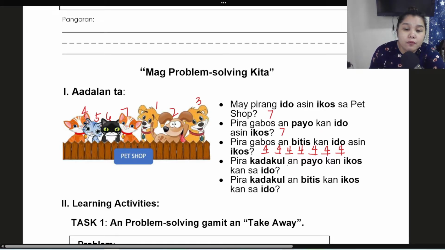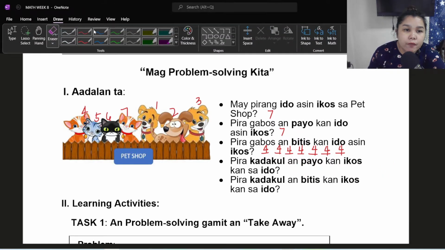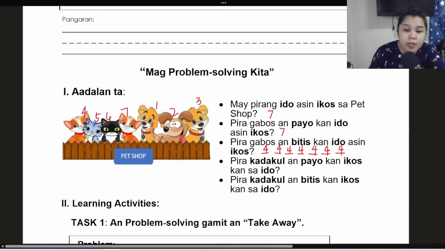If we have 4 na sa cats, ito naman ay sa dogs. So, alin na mas madami. And then, pera kadakol. Sorry. I have it the other way around. So, erase natin. So, this is referring to the number of heads.